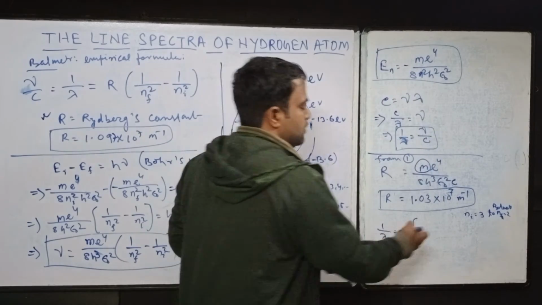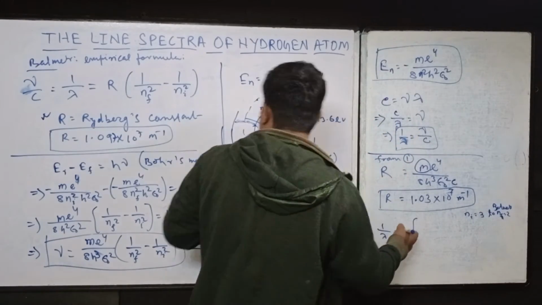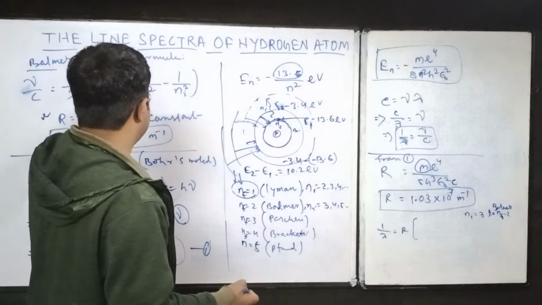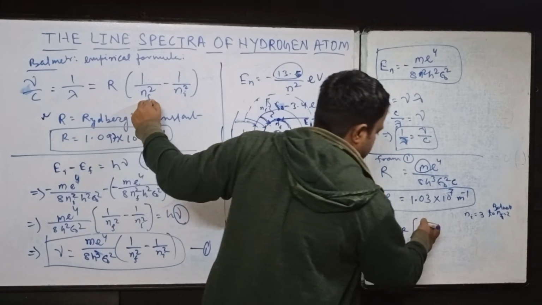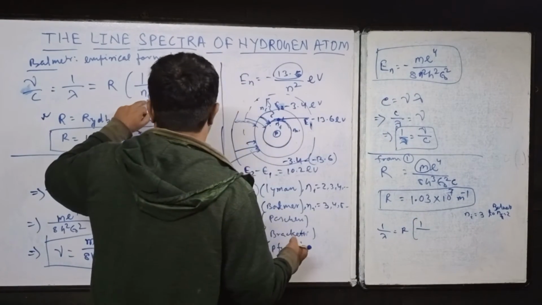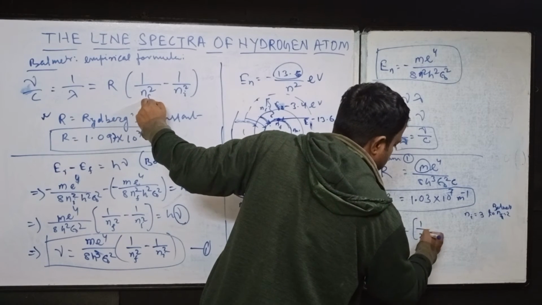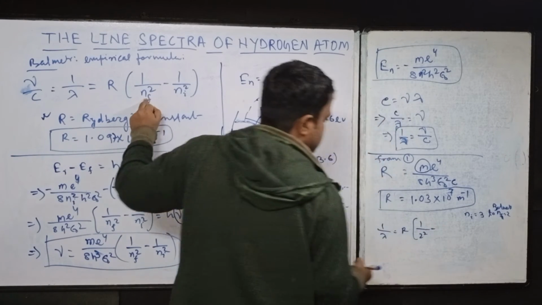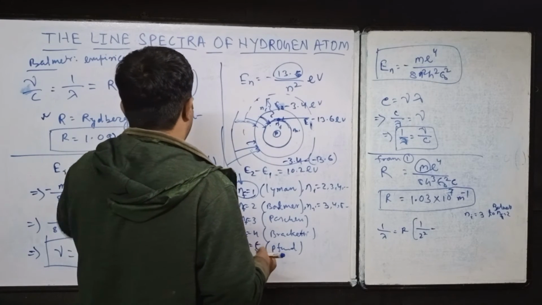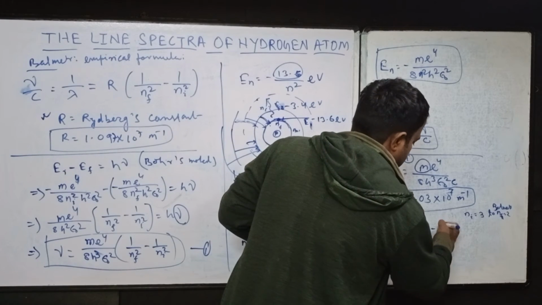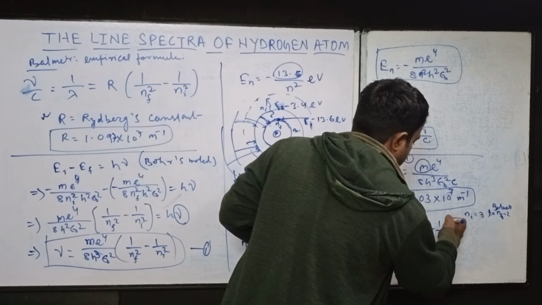So you use in your equation R into 1 by nf square, that is 1 upon 2 square, minus 1 upon ni square, that is 1 upon 9.